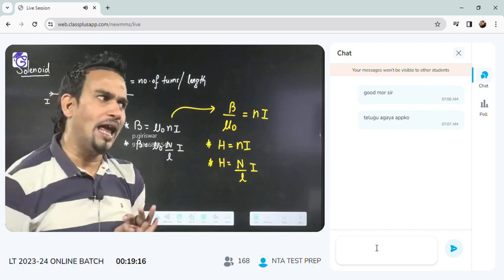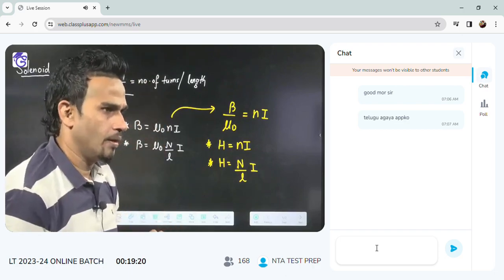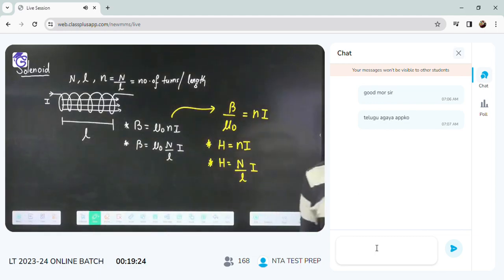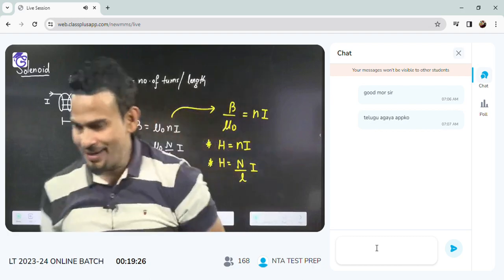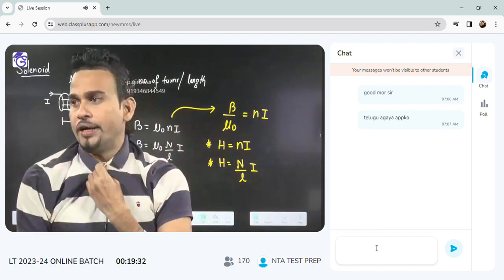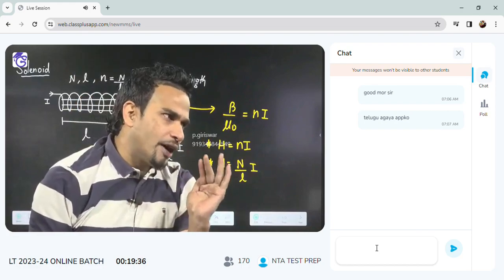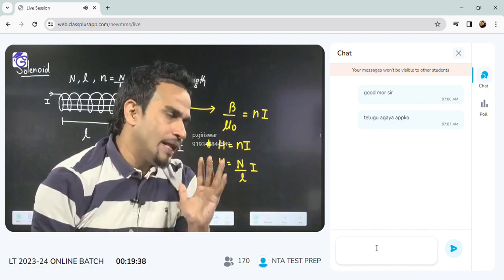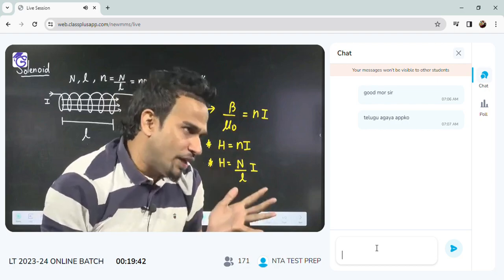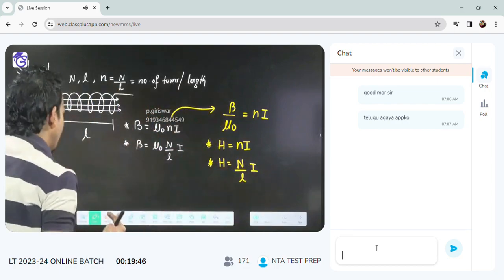That is small n into I or N by L into I. Generally they ask magnetic field, but sometimes they can ask you what is H of solenoid, magnetic intensity of solenoid. So B by mu naught is defined as H, that is magnetic intensity or intensity of magnetizing field or magnetizing force.